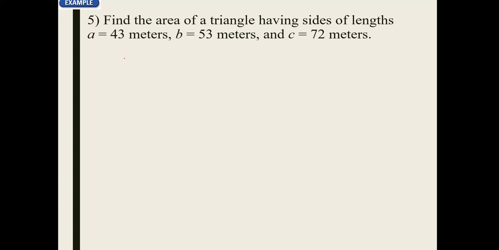So first thing I want to find is the semi-perimeter. So that's going to be a half times 43 plus 53 plus 72, and that's going to work out to be 84.